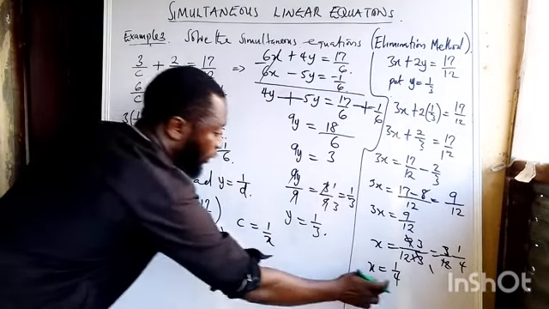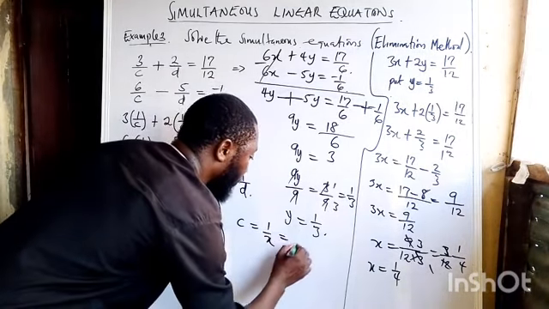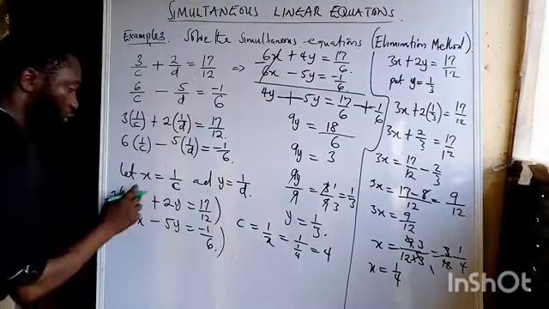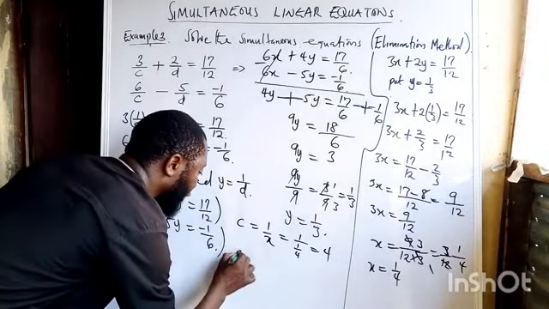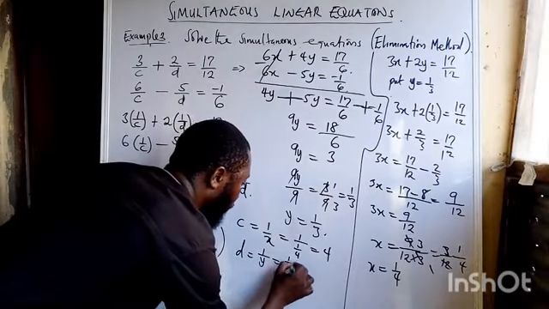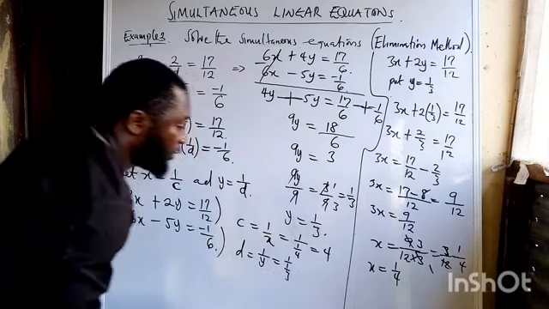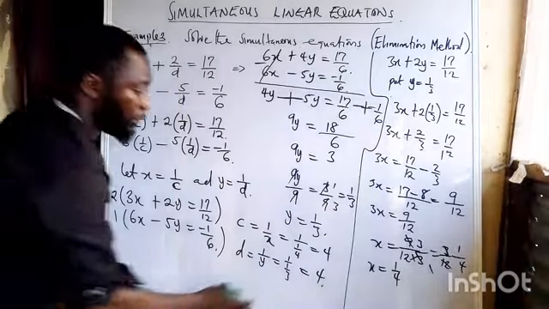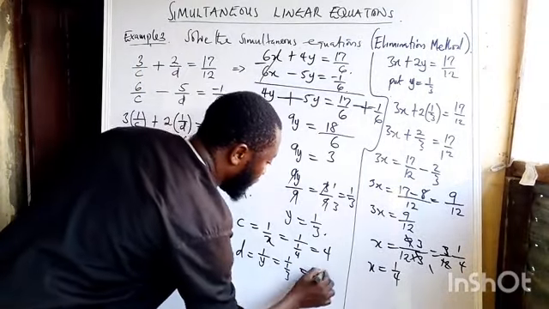But our x is 1 over 4. So the reciprocal of 1 over 4 equals 4. We do the same here for letter d equals 1 over y. Because our y is 1 over 3, that equals to what? Sorry, that equals to 3.